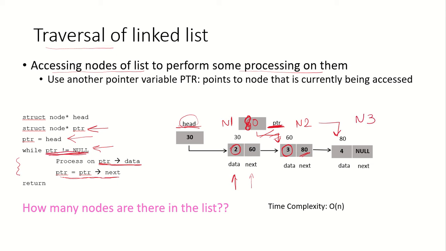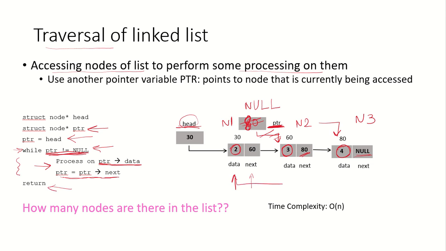No, it is not equal to null. So again we will go within the loop, process the data part, and update the value again. PTR will be updated to PTR arrow next. Now it becomes null. Is PTR equal to null? Yes, PTR is equal to null. So we will come out of the loop now.